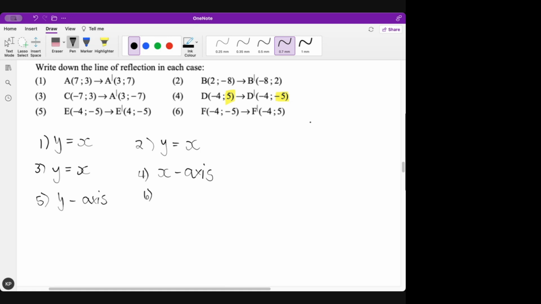This is reflection upon your x-axis. I love it. All right, so it seems we're getting used to this. Swapped coordinates, y is equal to x. Different x-coordinate, y-axis. Different y-coordinate, x-axis.